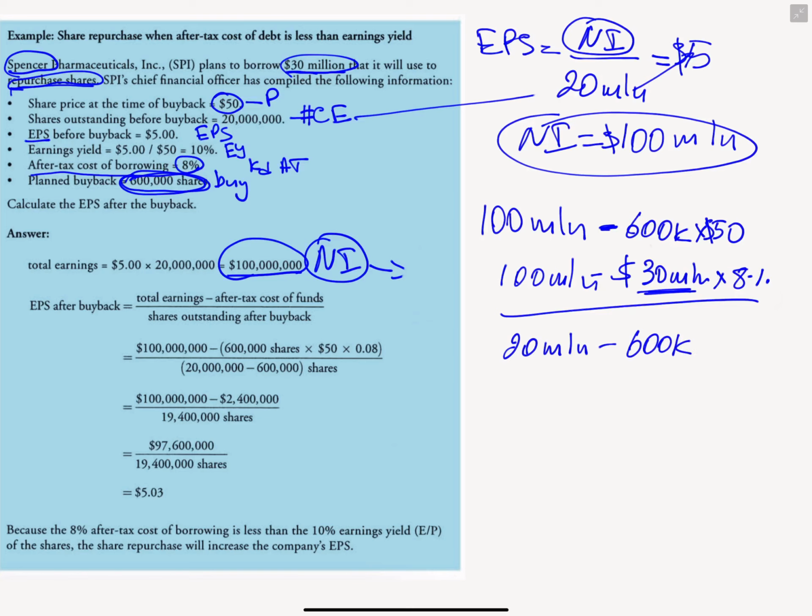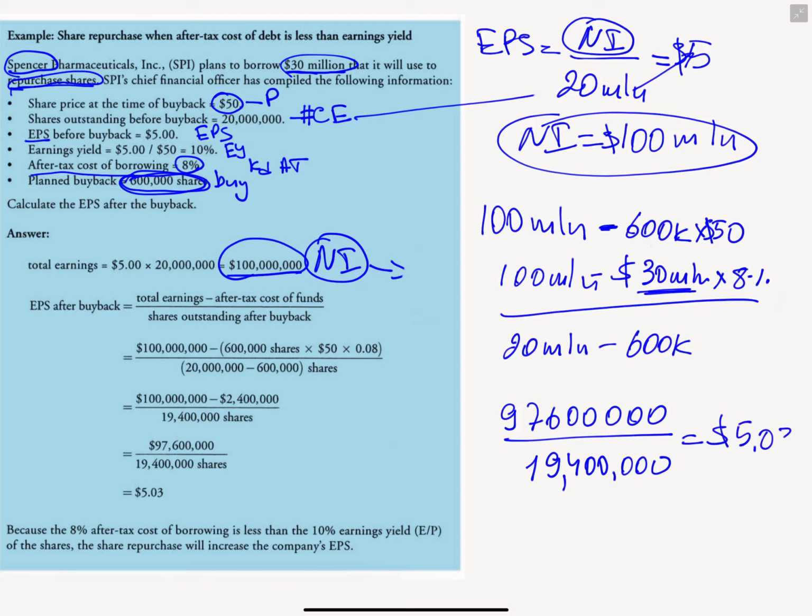So we have 9,676,000 over this amount, and dividing this, we have 503, because shares outstanding will be less since we bought back this number.